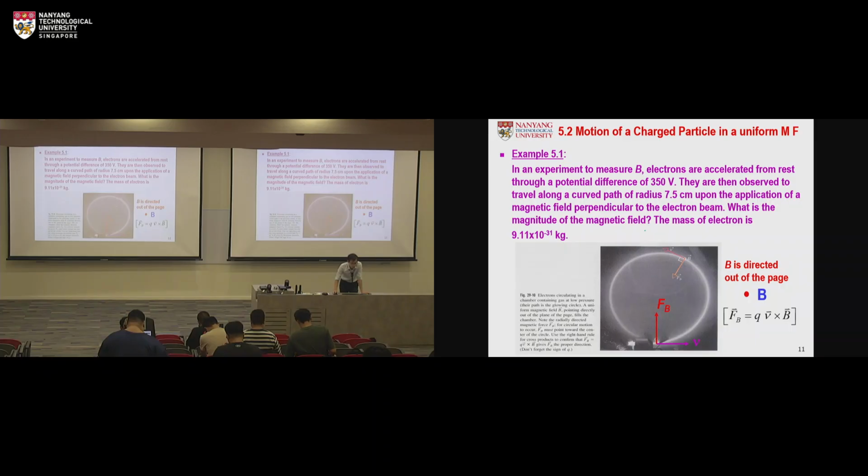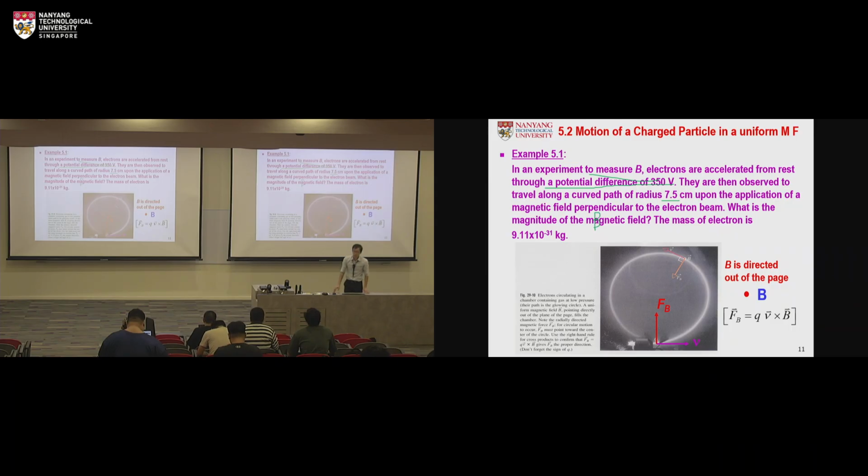For this example, when you try to measure this magnetic field B, electrons are accelerated from rest through a potential difference of this value, and then they are observed to travel along a curved path with a radius of this value upon the application of magnetic field B perpendicular to the electron. It asks you to determine the magnitude of this B.